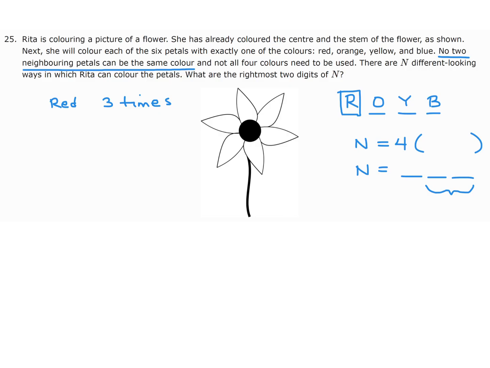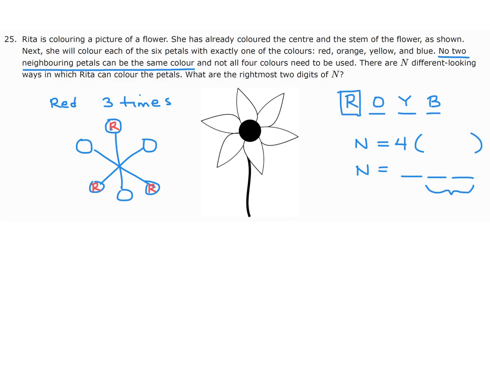So I'll just draw the petals kind of like circles. Makes it easier for me. Like that. And then just connect them. So if we have red here, red here, and red here, that meets the requirement that no 2 neighboring petals can be the same color.